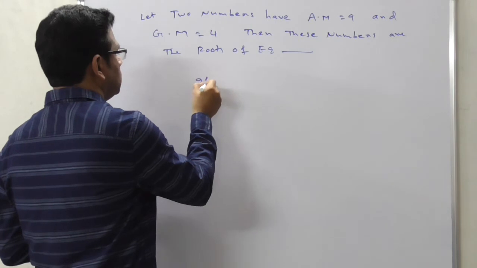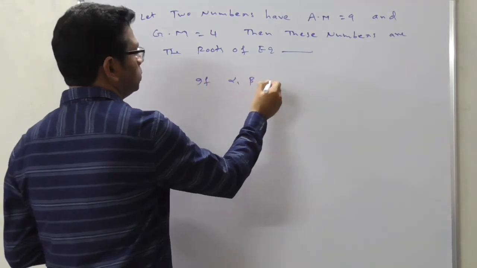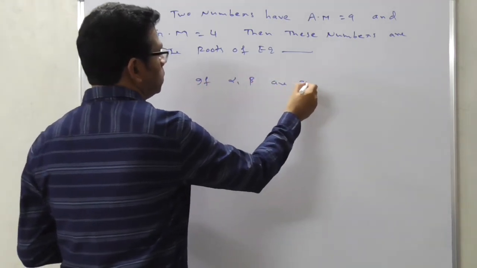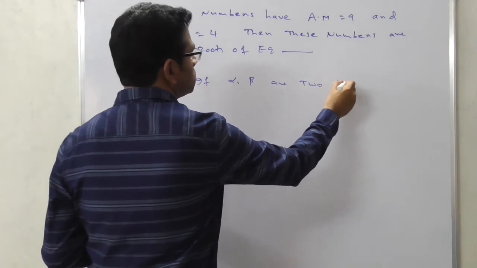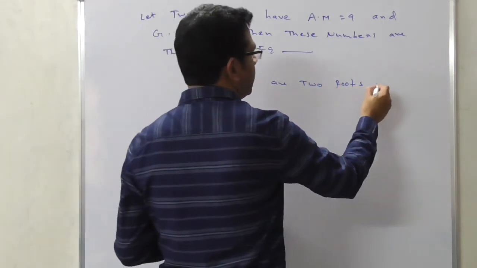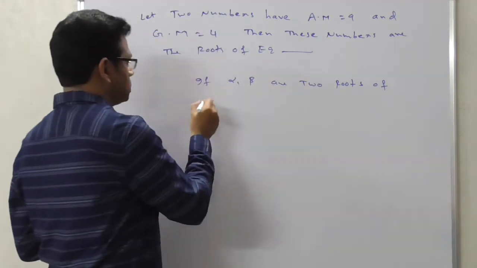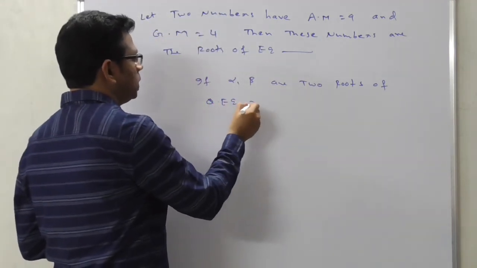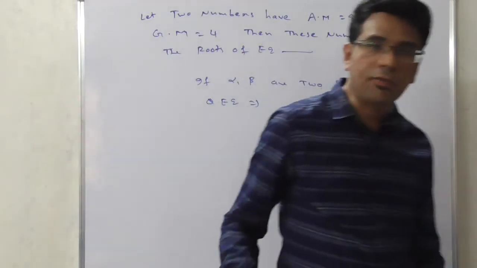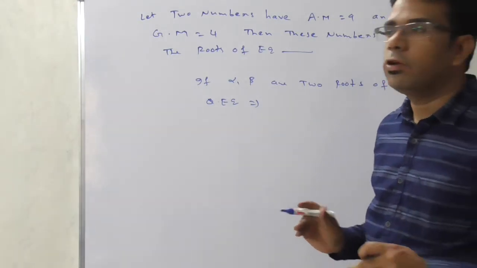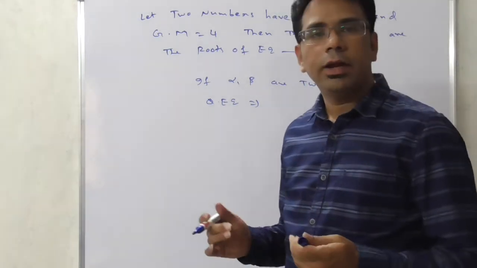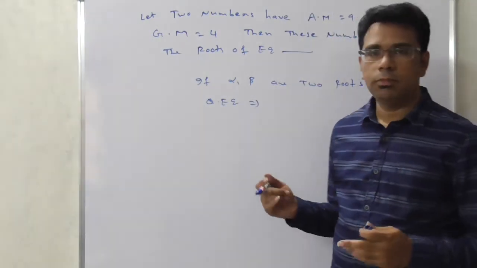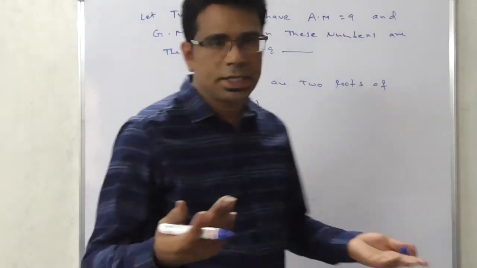What is the basic point here? If alpha and beta are two roots of any quadratic equation, then we can write the quadratic equation as follows. If roots are known, we can form the quadratic equation. So what is the concept here?